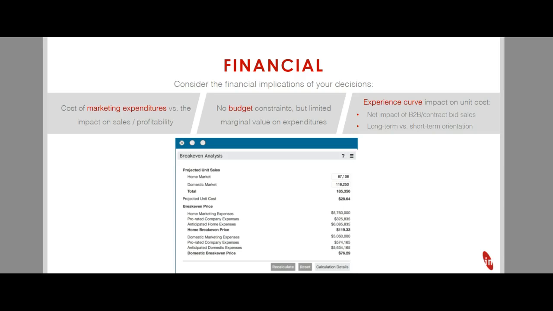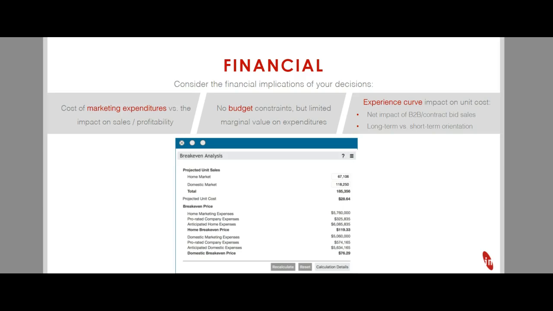Are you going to have a budget constraint, because the simulation doesn't give you any? And you want to look at your long-term and short-term expectations.